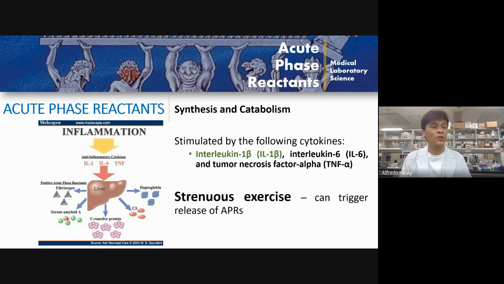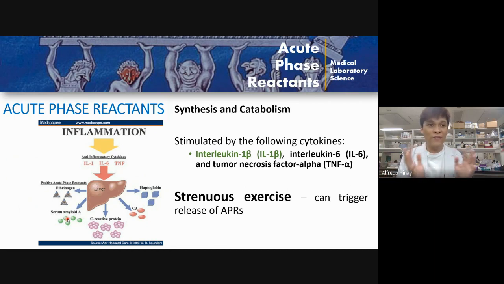Okay, and also this is very important class to those medical technologists who will work as a medical technologist in the future and then collect blood sample for acute phase reactants. Please take note that we need to ask the patient if, like, for example, outpatient class ha. Kasi very impossible naman kung inpatient, then you will ask, did you exercise, heavily exercise?